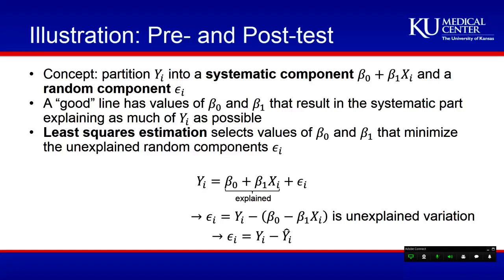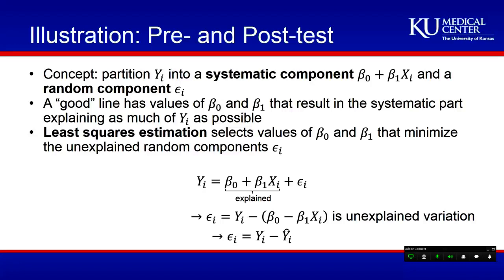And so what we want to do is pick values of beta 0 and beta 1 that minimize those epsilon sub i's, the errors, if you will. In other words, a good line will have values of beta 0 and beta 1 that minimize the amount of unexplained variation in the outcome.